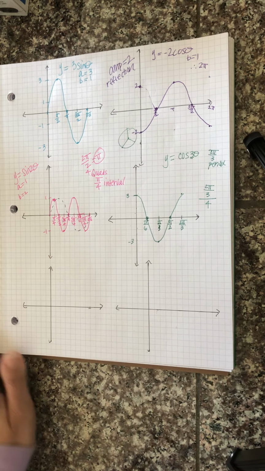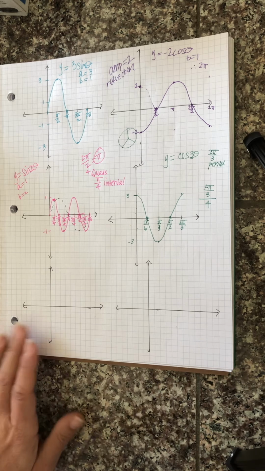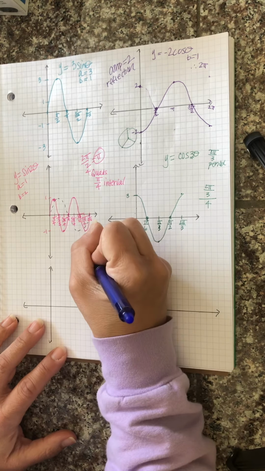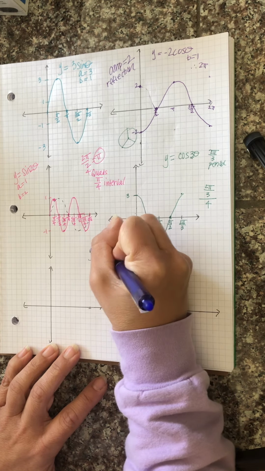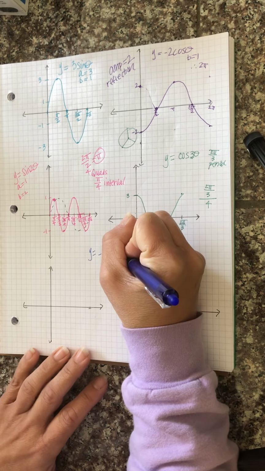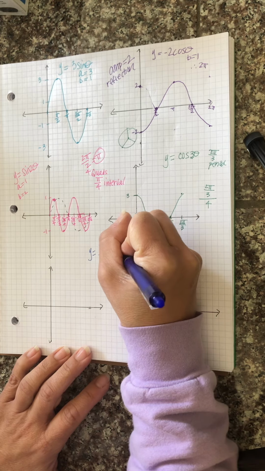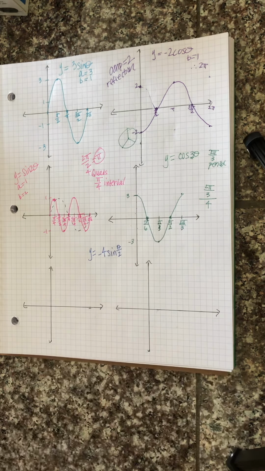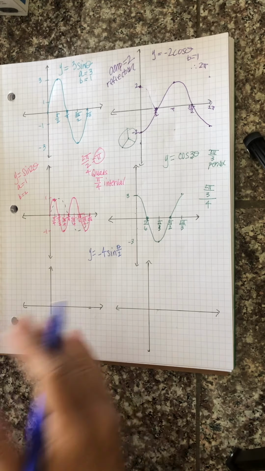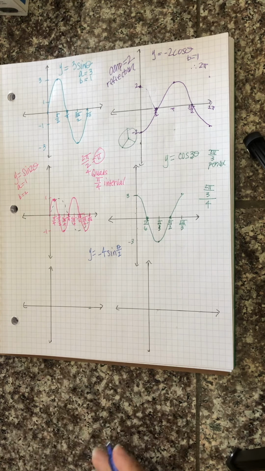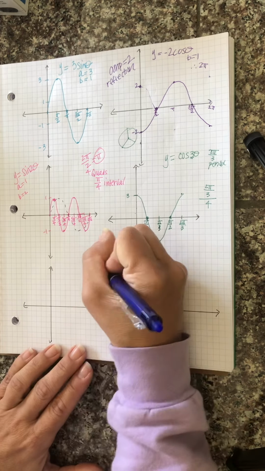We're going to do an amplitude and a period change. So let's say I give you y equals -4 times the sine of, how about theta over 2? Amplitude is 4. The amplitude is never negative. A is negative. The amplitude is 4, and it is a reflection.